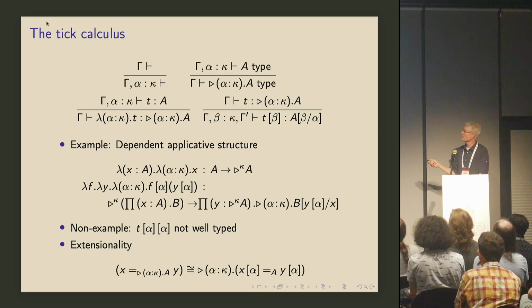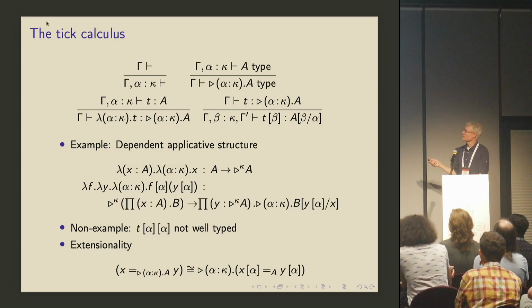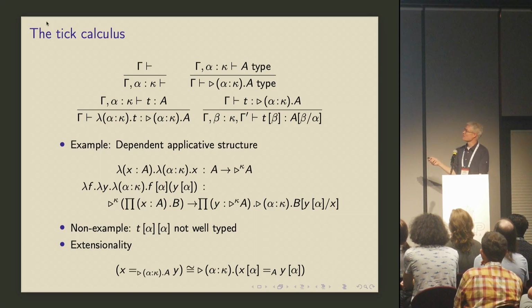So if I take a dependent function from A to B, and I take a delayed input, then I can produce an output like this. Well, I open F with the tick alpha here, and I open the input, and then I apply them to each other like this. I apply F of alpha to Y of alpha. And this gives me something of this type here, and you see we can use the tick alpha here to talk about which component of B we end up in.